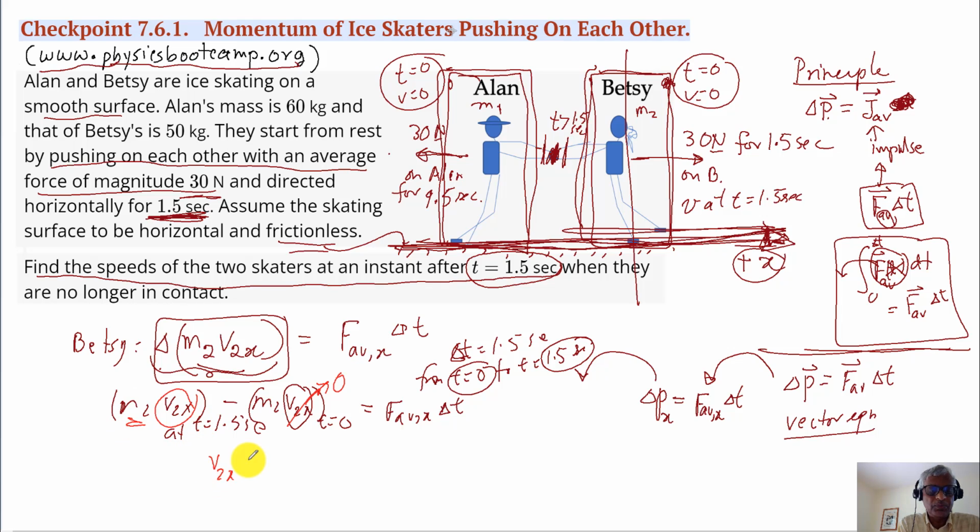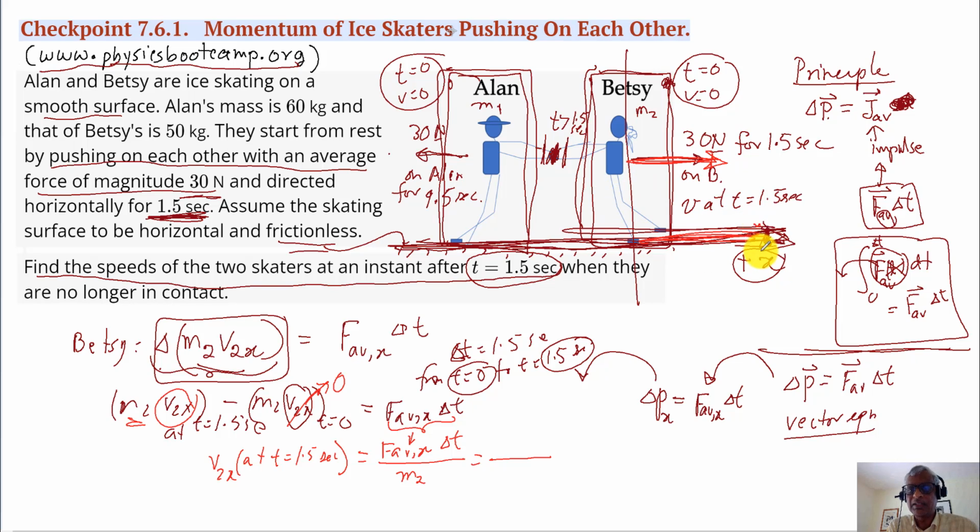So v2x at t equals 1.5 seconds turns out to be F average x delta t over m2, and we can now plug in a number with the x here. The force on her is in that direction, which is the direction of the positive x-axis, so that's positive. That's a plus 30 Newton.